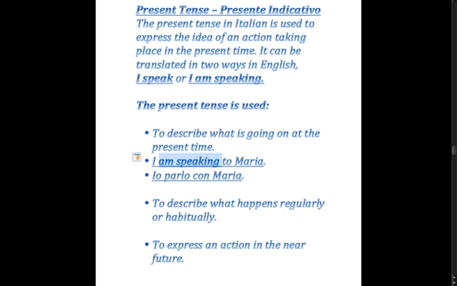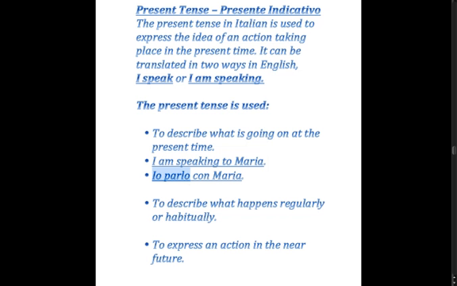So in English, I am speaking to Maria, something that is occurring at the present time, something that's going on, something that's happening at the present time. In Italian, we translate it to the first person, and we do this by adding the O ending to indicate first person in the present tense.